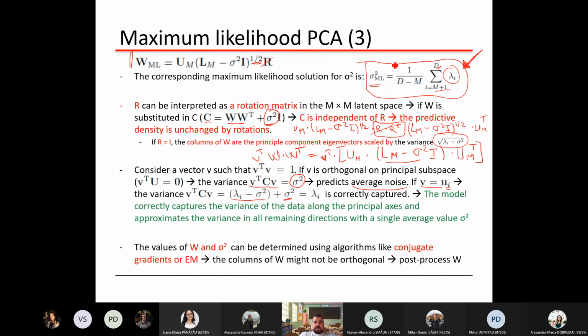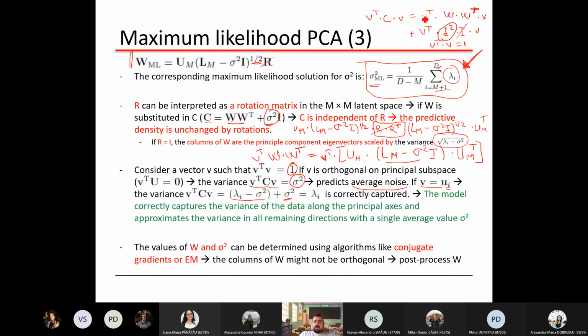Because when we multiply V transposed with C with V, it equals V transposed with W with W transposed with V plus V transposed with sigma square with I with V. This goes in front, this doesn't matter, and V transposed with V equals 1 as we showed here.